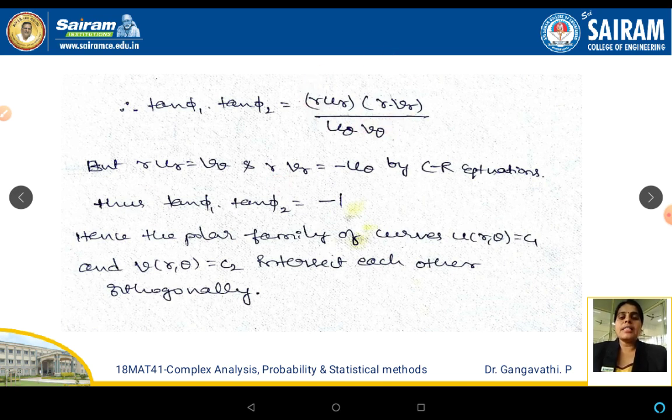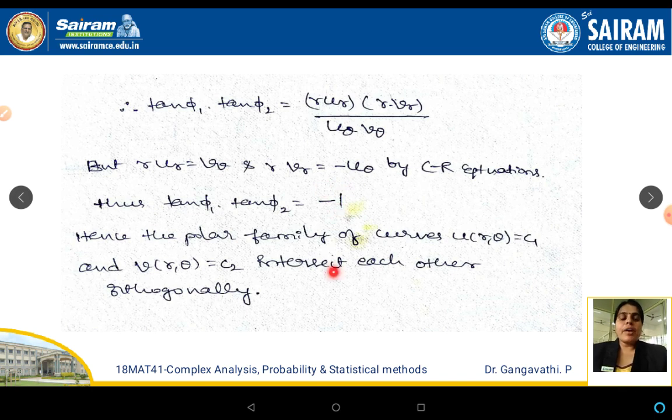We get tan phi 1 into tan phi 2 is equal to minus 1. So r into ur is there as it is, and u theta can be replaced by minus r into vr in the denominator, and this v theta can be replaced by r into ur. So everything gets cancelled here and we get the answer as minus 1.